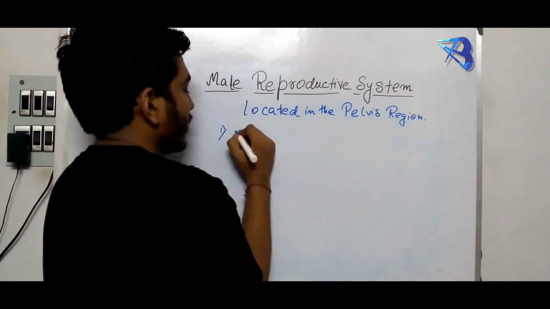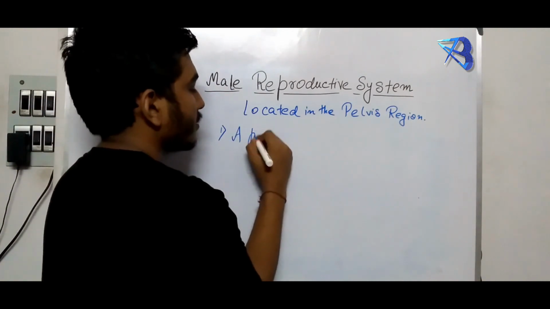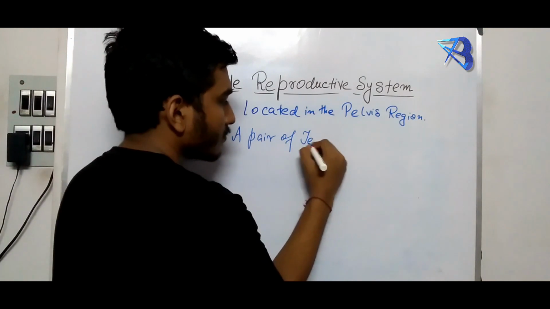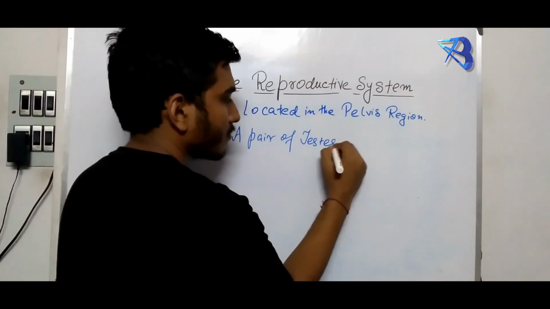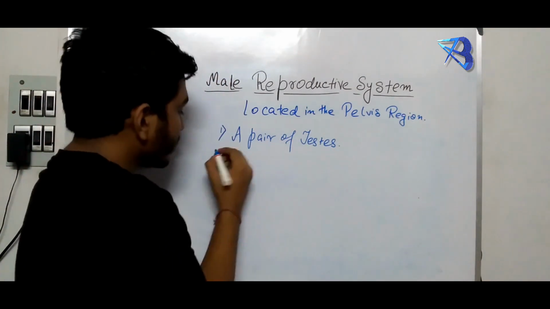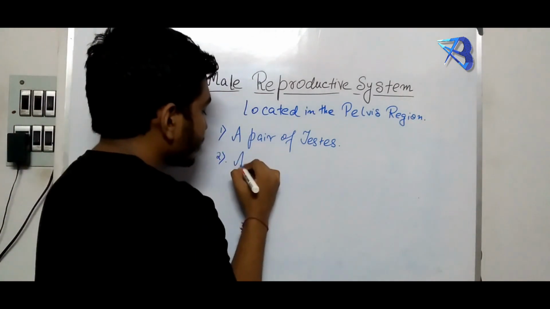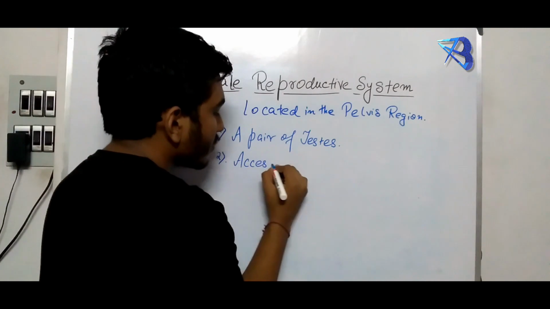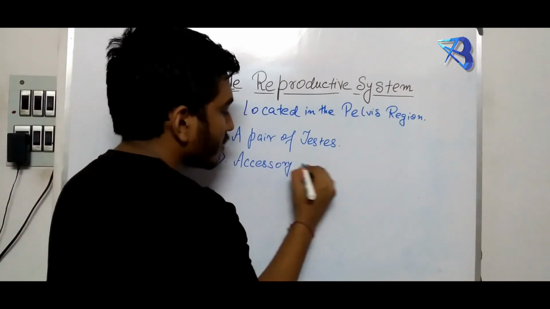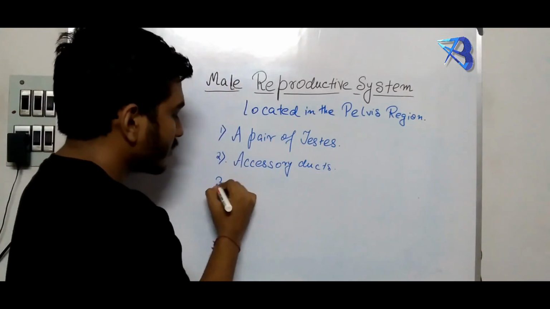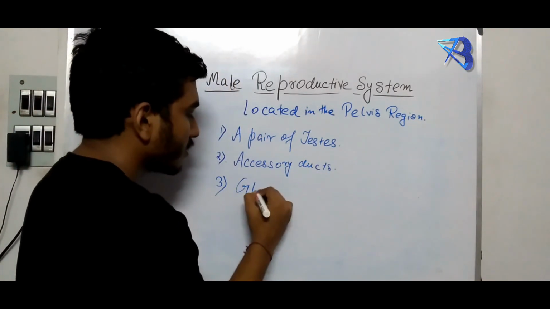First part is the pair of testes. Second part, the accessory ducts. Third part, glands.